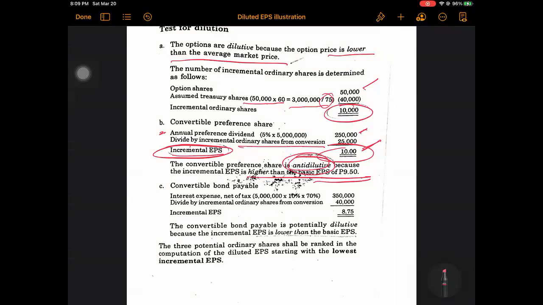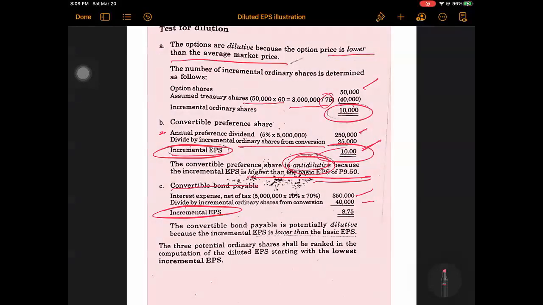Okay, so next, you have convertible bond. How about our convertible bond? Dilutive ba ni siya or anti-dilutive? So let's see. To compute for the incremental earnings per share, diba, that's interest expense net of tax divided by the number of shares na ma-convert si convertible bonds. You have 350 interest expense net of tax divided by your number of shares nga ma-convert siya of 40,000.